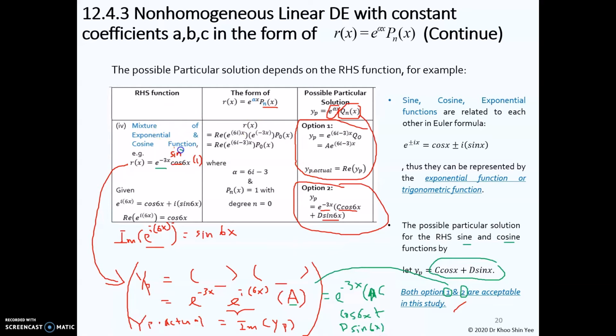Based on the sine 6x, we propose C cos 6x plus D sine 6x. The constant here, we can propose, let's say, the constant A. The constant A can be multiplied inside, and A multiplied with the constant here, you obtain a new constant. Therefore, we can further simplify it to this format.